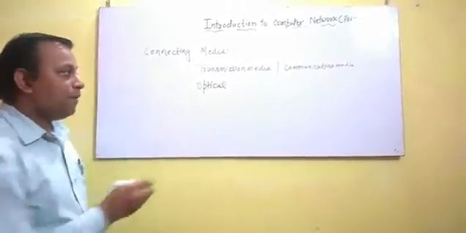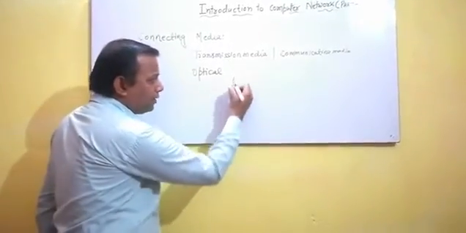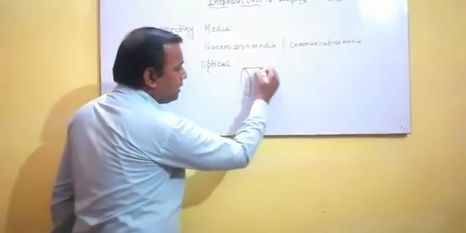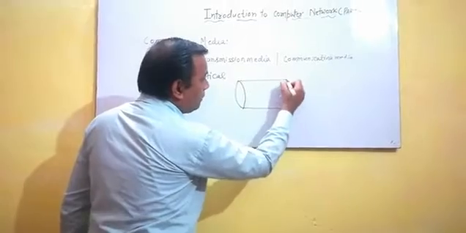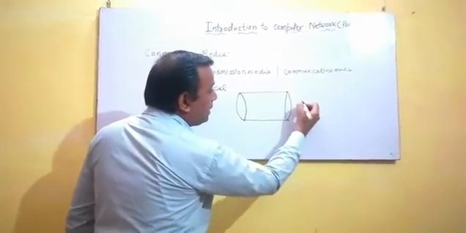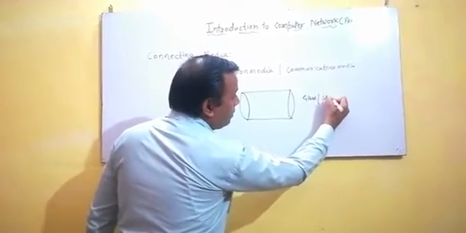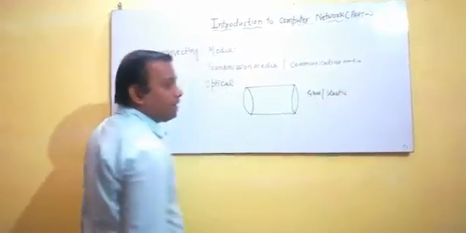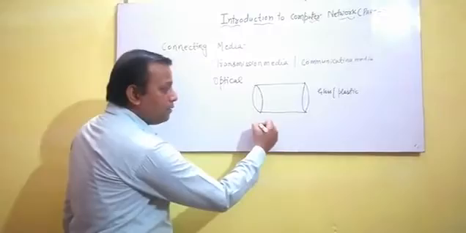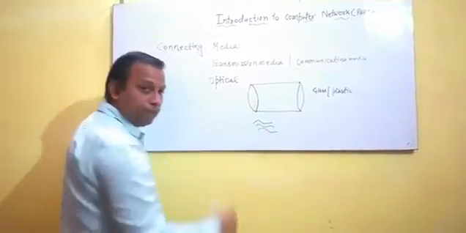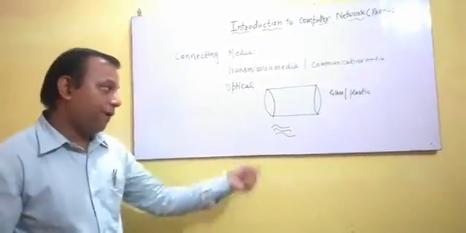Basically, optical wires are so hard outside, but inside there is a glass or plastic-like material that is like a fiber.